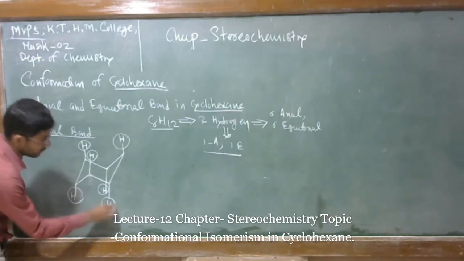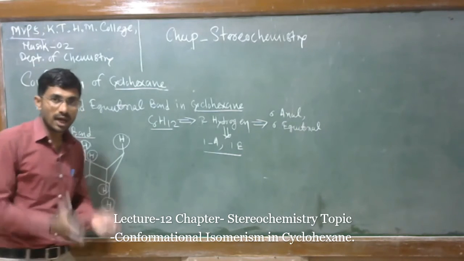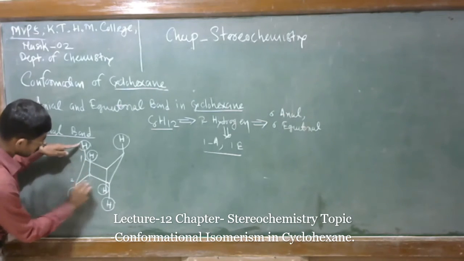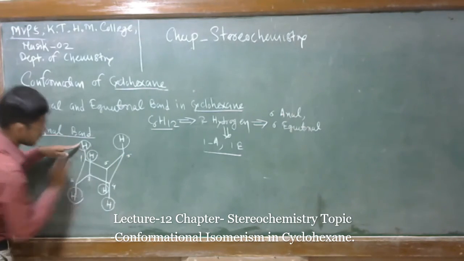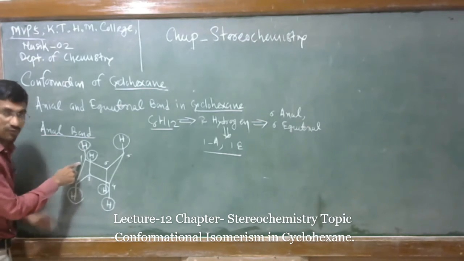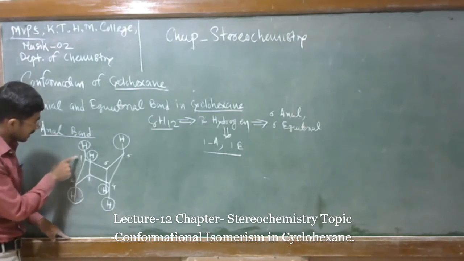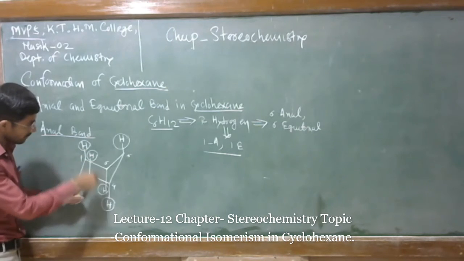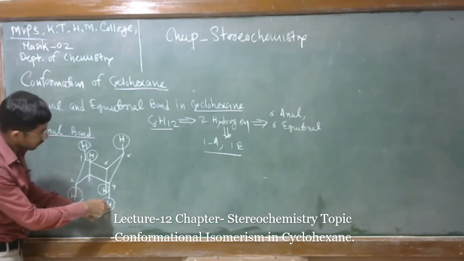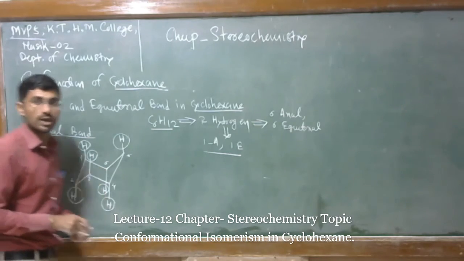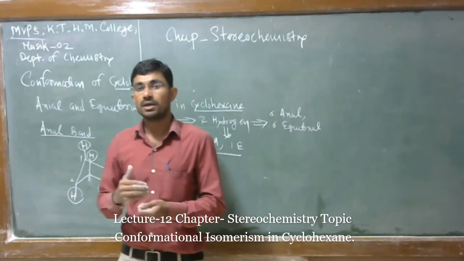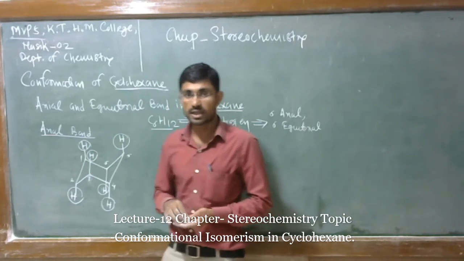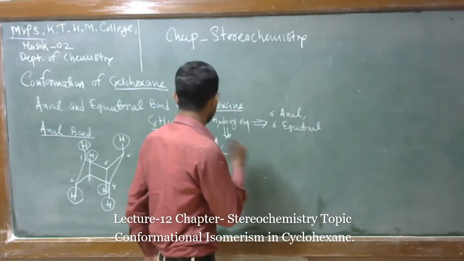If you number the carbons 1, 2, 3, 4, 5 and 6, the carbon number 1 carries the axial hydrogen above the plane, carbon number 2 carries the axial hydrogen below the plane, 3 is above, 4 is below, 5 is above, 6 is below. This means axial hydrogens are alternately above and below the plane. So this is about the axial hydrogens or bonds present in cyclohexane.